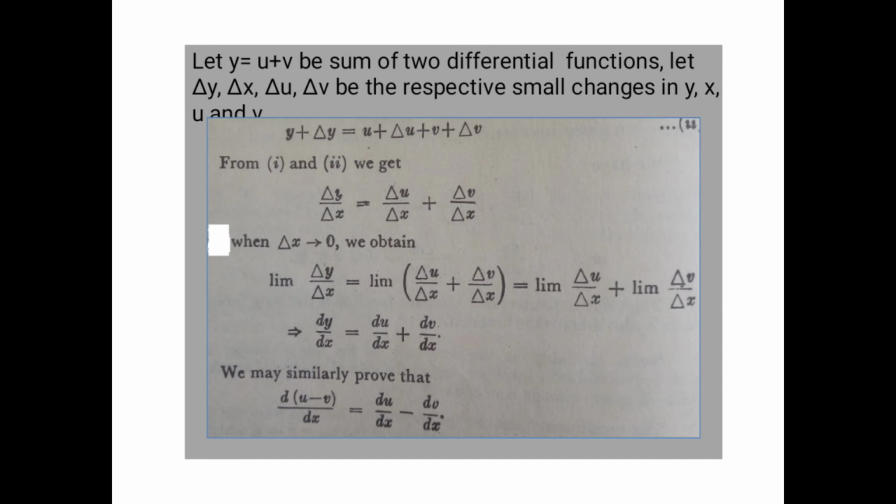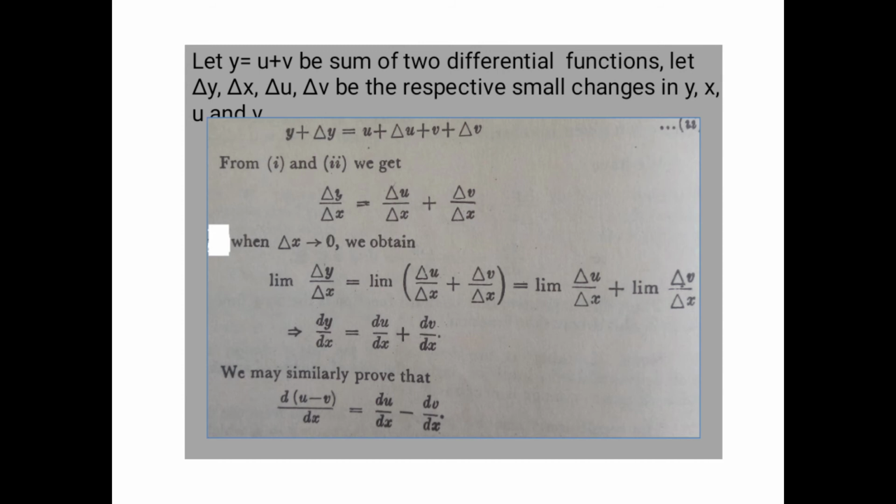Let delta y, delta x, delta u and delta v be the respective small changes in y, x, u and v. Then as y is equal to u plus v, the change in y can be written as y plus delta y is equal to u plus delta u plus v plus delta v.